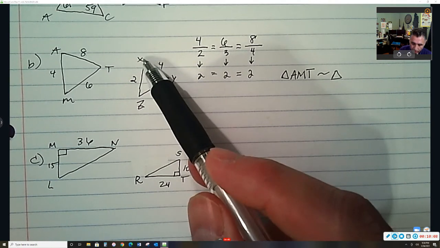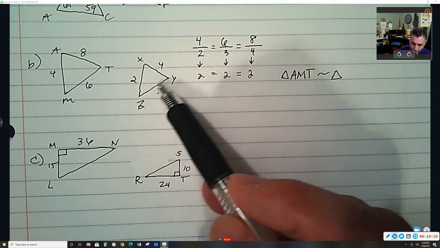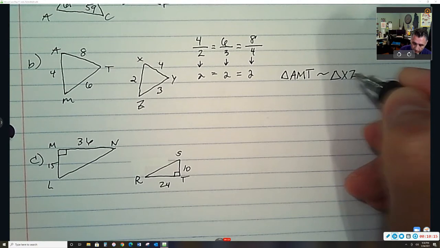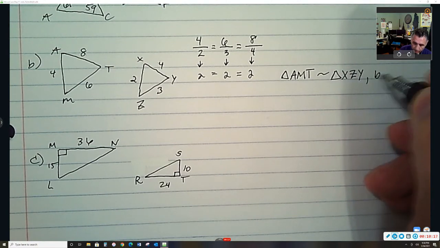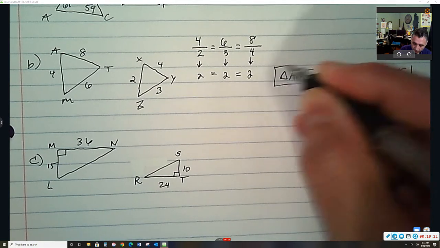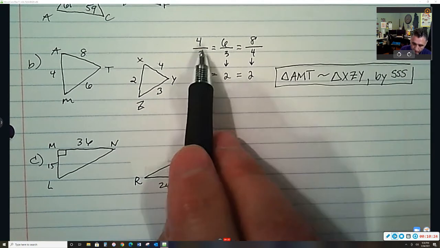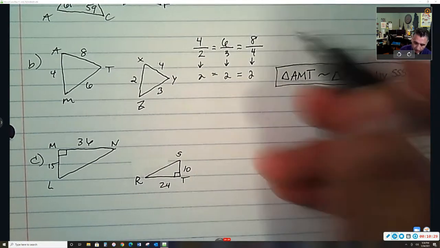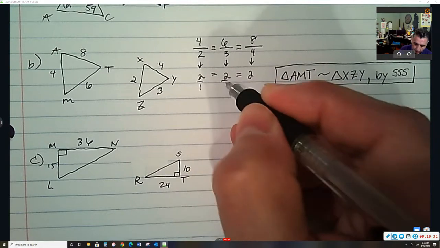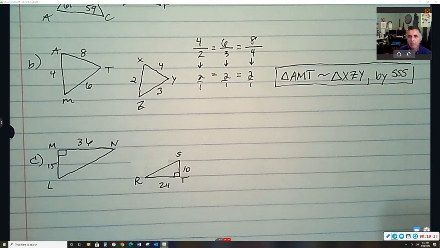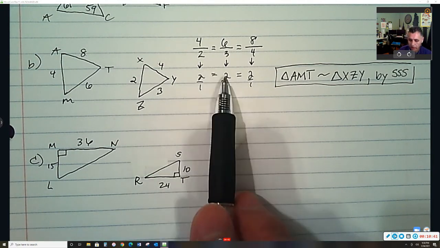So when I do that, it goes from X to Z to Y. X, Z, Y. And then those two triangles are similar by the side, side, side. The three corresponding sides are proportional. And if you want to keep it as a ratio, you can write it as 2 over 1. Because this does technically reduce as 2 over 1. You don't have to. We could have left it as 2. Really here we're just checking to make sure it equals the same thing.